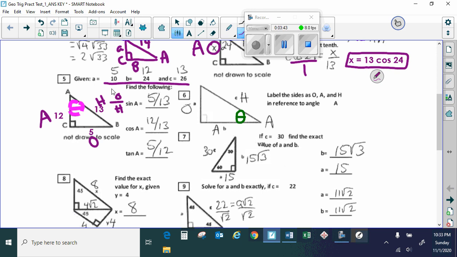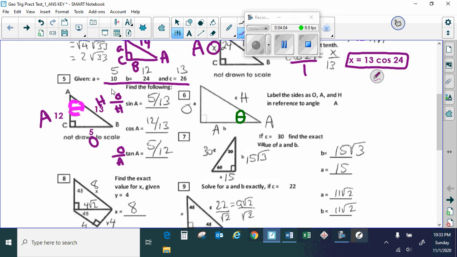The cosine of A, 12 13ths. And the tangent of A, opposite over adjacent, is 5 12ths. Make sure you have your answers reduced and simplified.